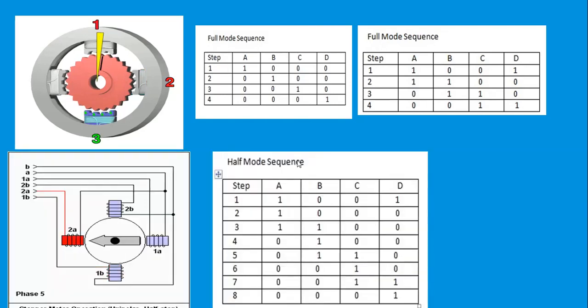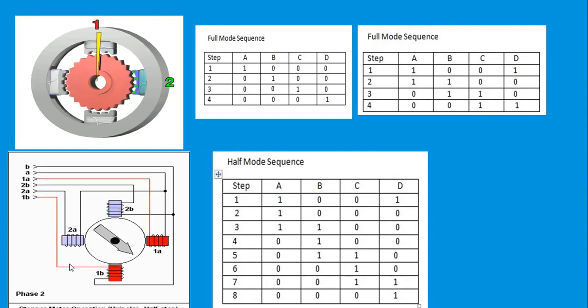Another one is the half mode sequence, in which let us consider the sequence where at one step we are energizing 2 coils. In the next consecutive step we are energizing only 1 coil. In the next step, 2 consecutive coils will be energized. In the further step only 1 coil will be energized.